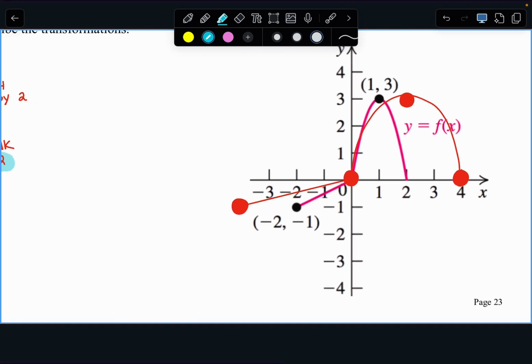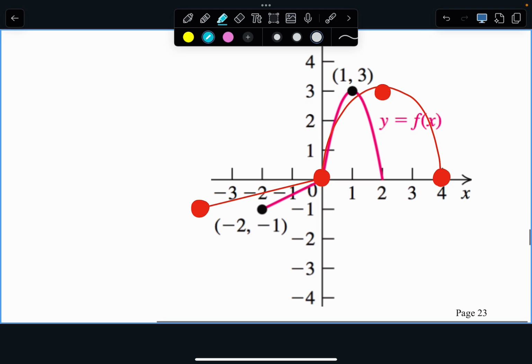So instead of being -2, -1, it's now -1, -1. 0, 0 stays the same. Instead of 1, 3, it's 1/2, 3.